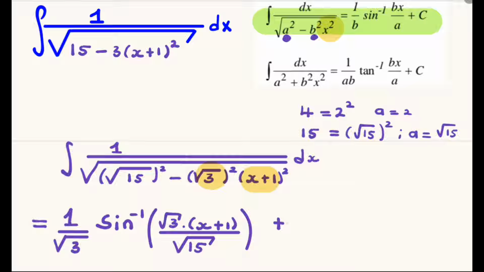Plus the constant c, and this will be our answer.